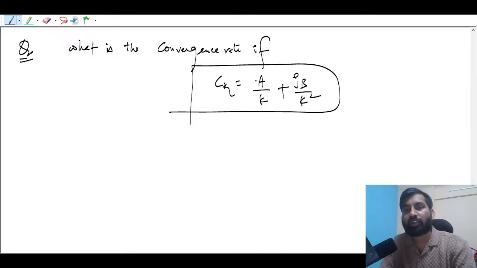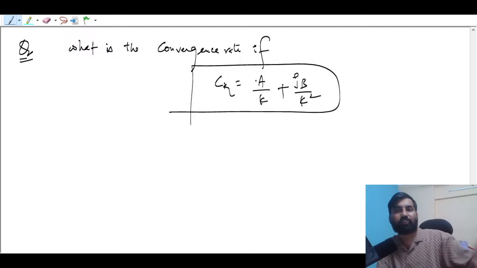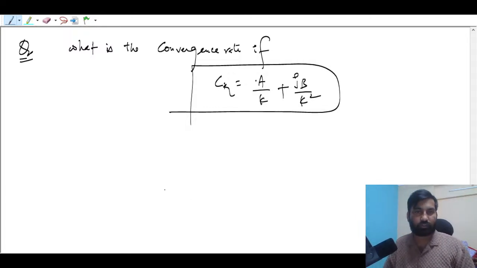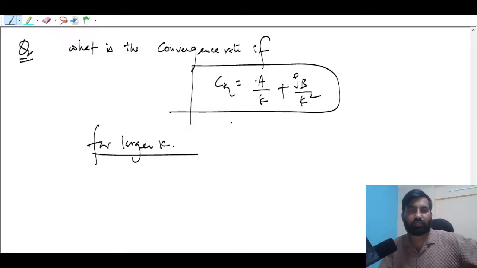Remember, for large k, B by k square is pretty small. Then with A by k, your Ck is going to decay according to 1 by k only, not 1 by k square, remember this. So for larger k, Ck will vary as 1 by k only.